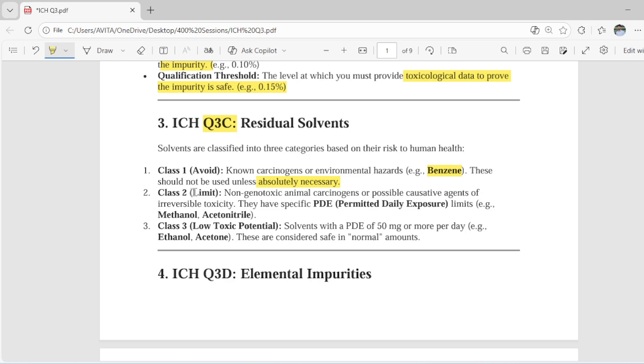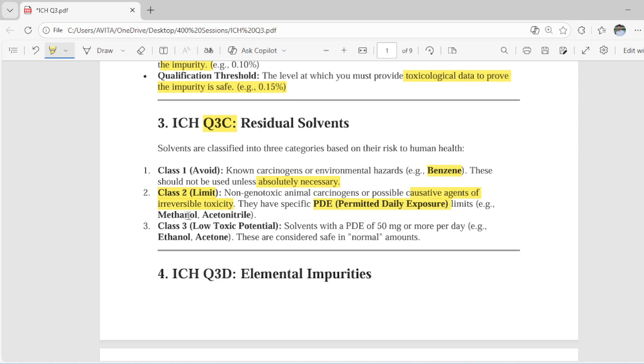The next solvent class we have is class 2 solvents, and these are the non-genotoxic animal carcinogens or the possible causative agents of irreversible toxicity. They have a specific PDE, that is the permitted daily exposure limit.